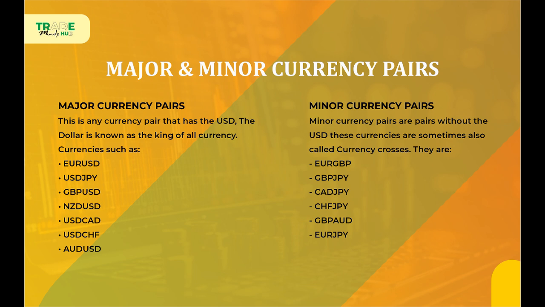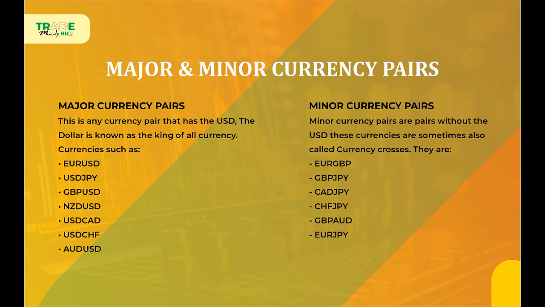The euro doing business with the United States dollar is a major currency pair. The United States dollar as a base currency doing business with the Japanese yen is a major currency pair. Great Britain pounds doing business with the United States dollar is a major currency because it contains the United States dollar.